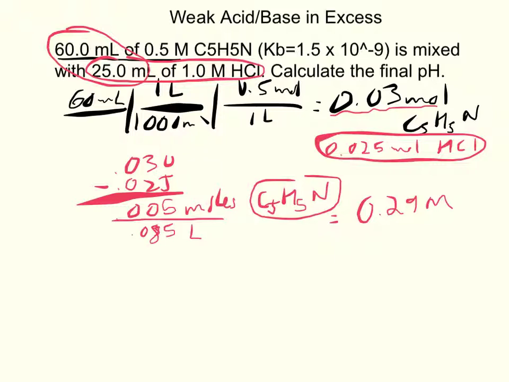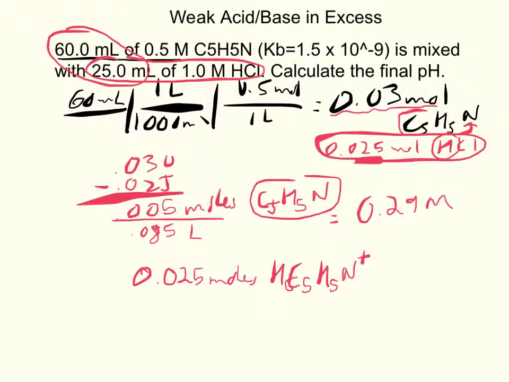Well, when this acid reacted with this base, how many moles of this conjugate acid did I make? Since all of it reacted, I'm also going to have 0.025 moles of HC5H5N plus over 0.085 liters.